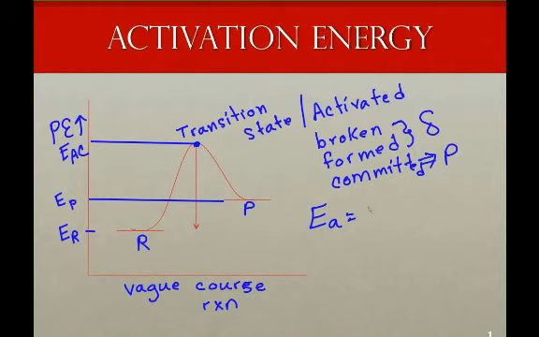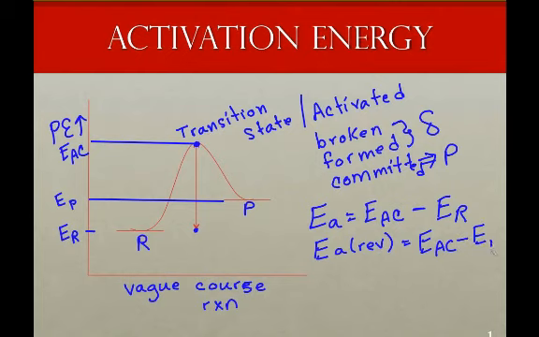So the activation energy for the forward is going to be the energy of the activated complex minus the energy of the reactants. Now, we could do the same thing for a reverse reaction. So the activation energy for the reverse reaction would be the energy of the activated complex minus the energy of the products.